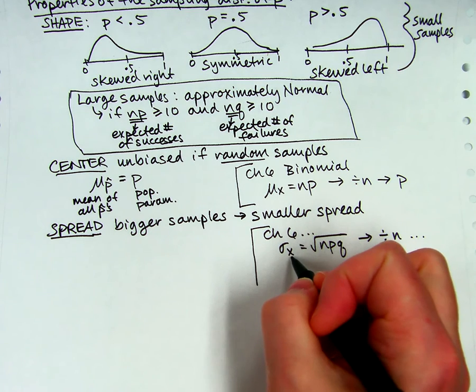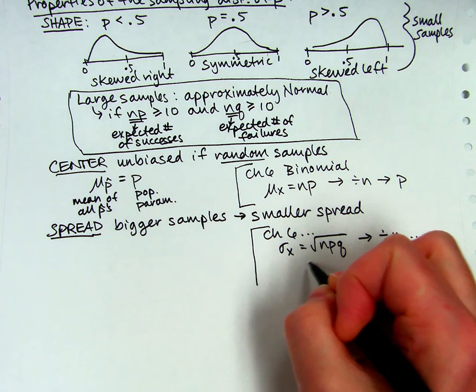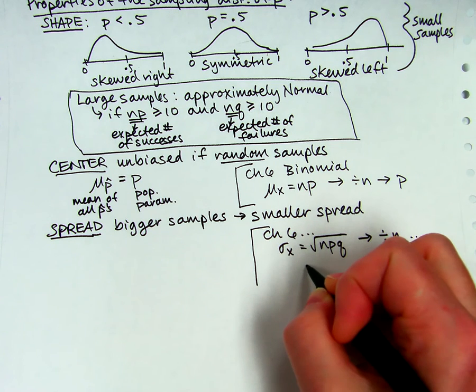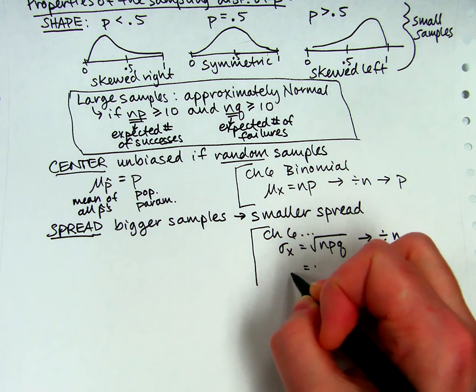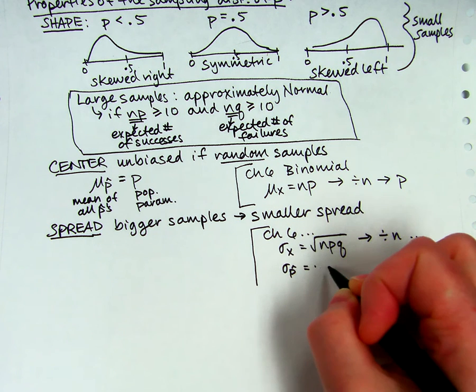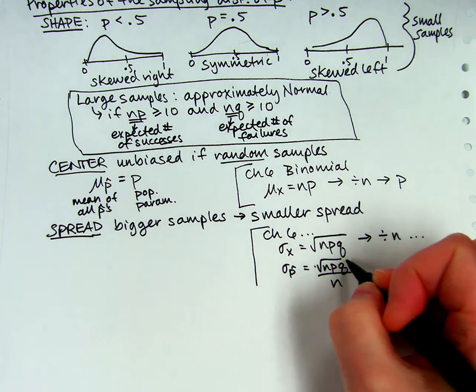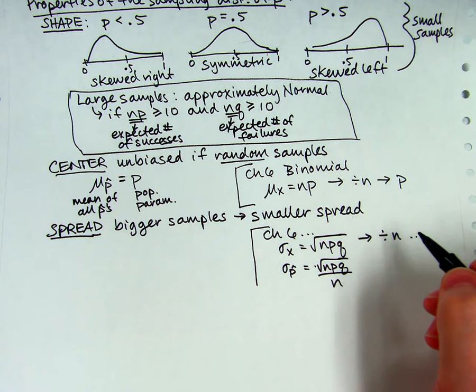Remember, x is the number of successes. If you divide by n, you get p hat, which is the proportion of successes. Regardless, if I divide this by n, then I get mu p hat, which is square root of npq over n. Okay, a little bit of algebra.